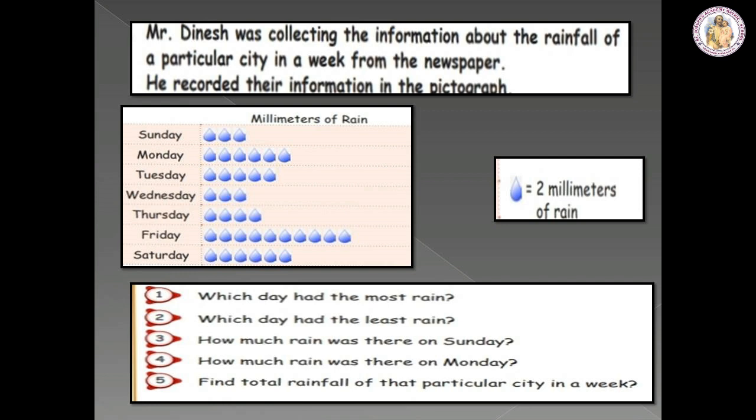Shall we count? How many? There were totally 37. So we have to calculate it with 2. 37 into 2 equals 74. So totally the rainfall is 74 milliliters in a particular city.